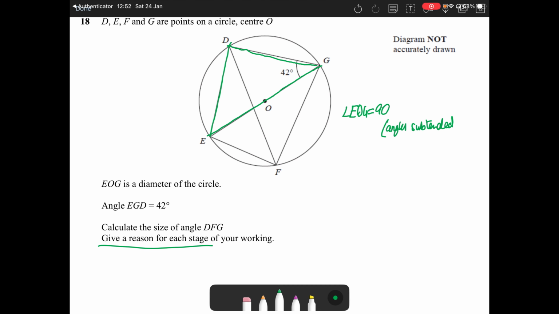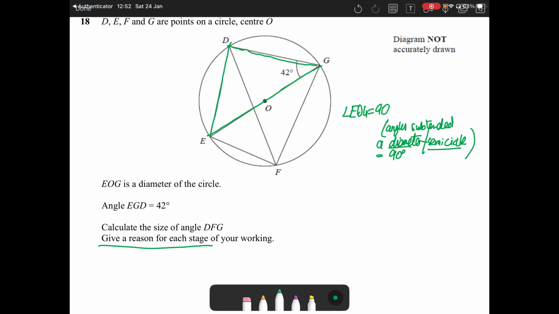Basically means hanging off. And you can use either one of these two words, diameter or semicircle. I think diameter is a better one personally. Equals 90 degrees, right? But again, you're hitting keywords.